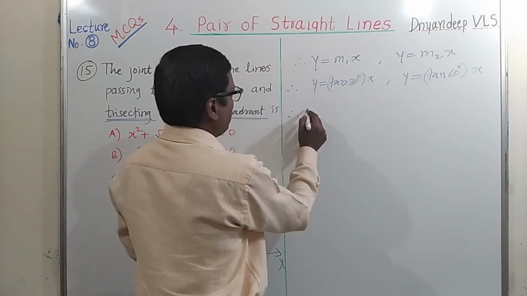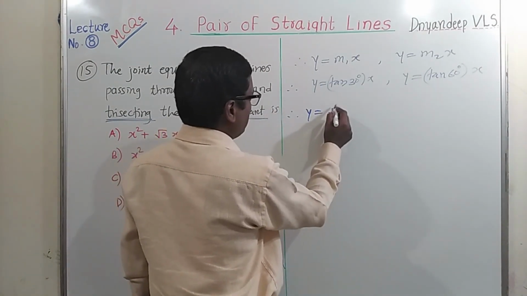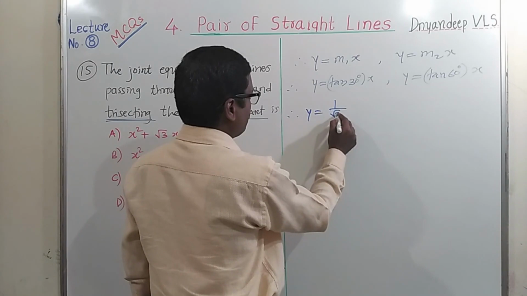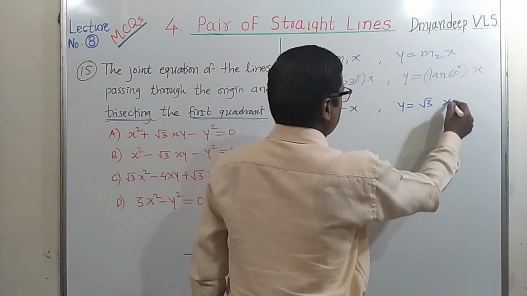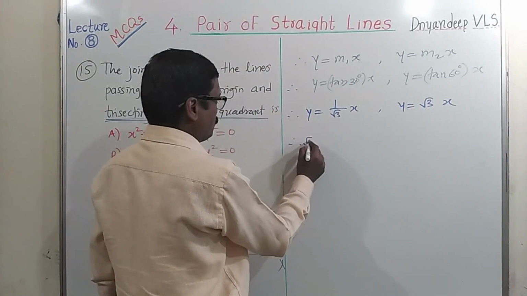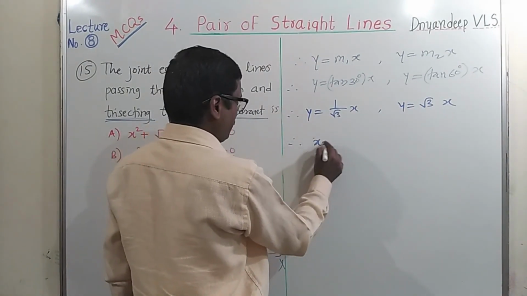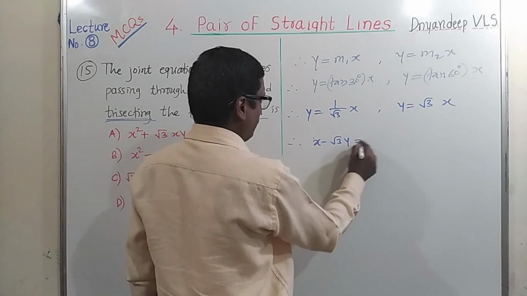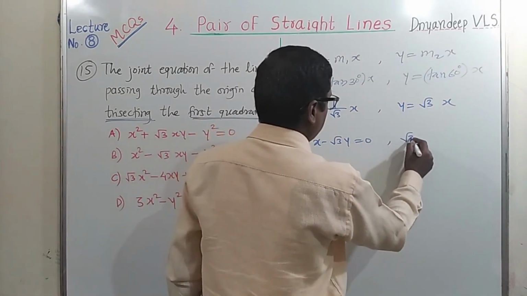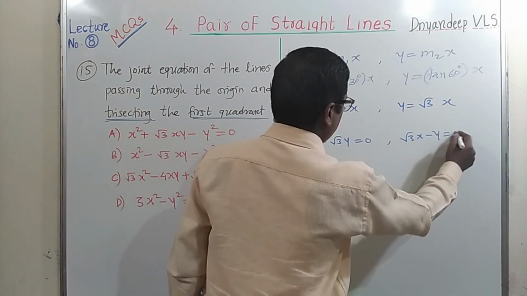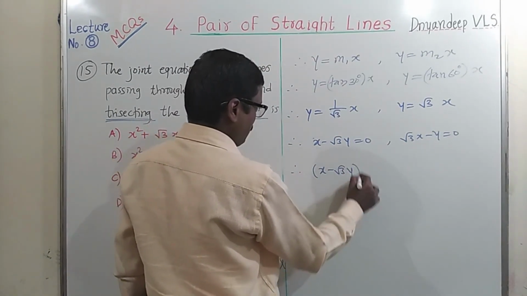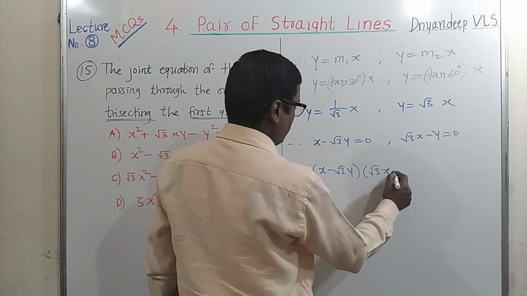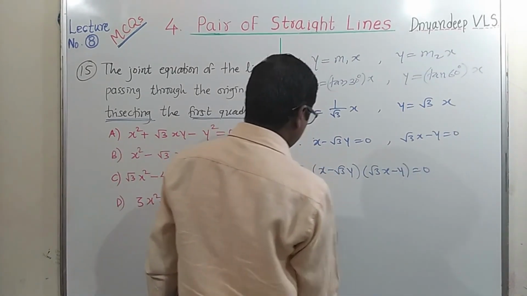Therefore y equal to tan 30, which is 1 upon root 3 x, and tan 60 is root 3 x. So this will give us x minus root 3y equal to 0, and this is root 3x minus y equal to 0. So their combined equation is (x minus root 3y)(root 3x minus y) equal to 0.